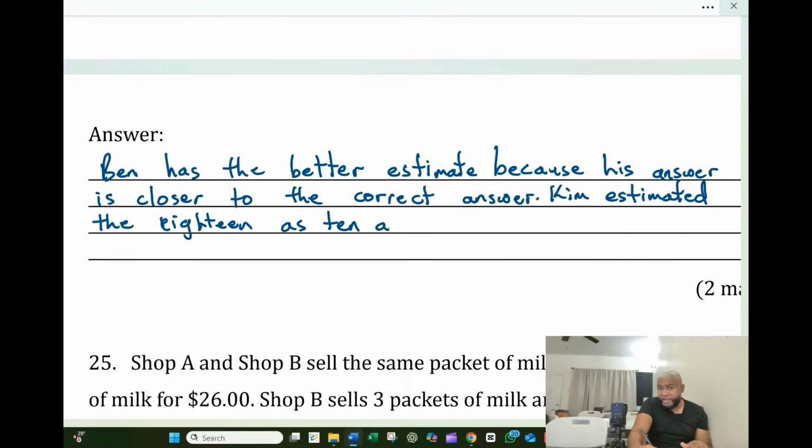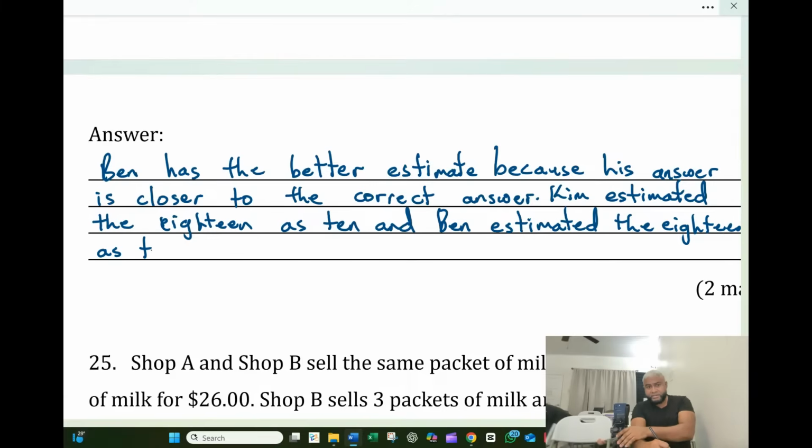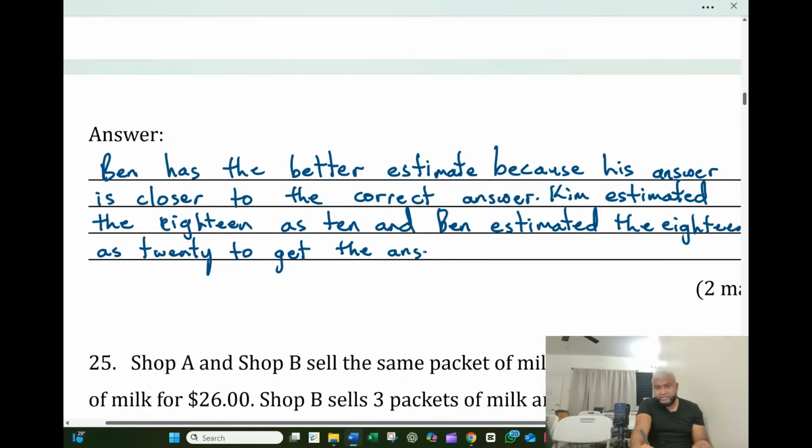And Ben estimated the 18 as 20 to get the answers. Book it.